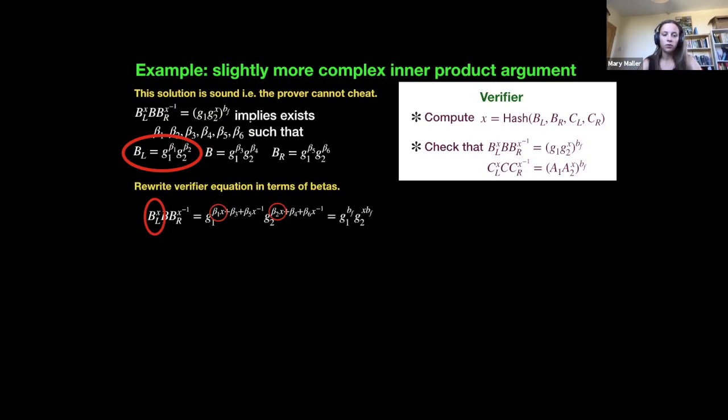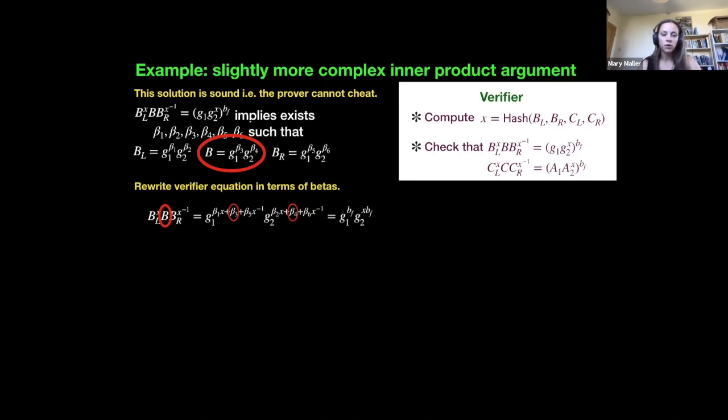So first we have that BL is represented in terms of g1 to the beta 1, g2 to the beta 2. We know that the verifier is going to take BL to the power of x. So we're going to have a g1 to the power of beta 1x term and a g2 to the power of beta 2x term. Similarly, for the B, there's no exponentiation by x here.